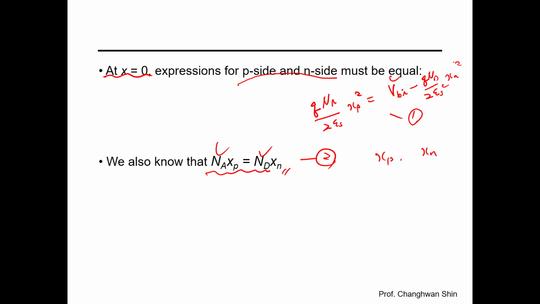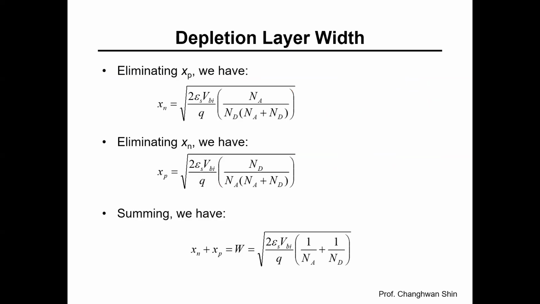After some algebra, which I will leave as an exercise for you, we can derive xp and xn, and the total depletion width W, which is the summation of xn and xp, is equal to this.